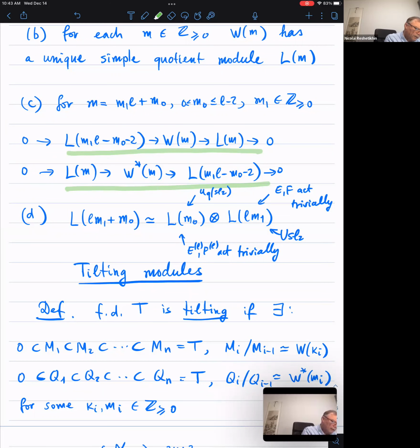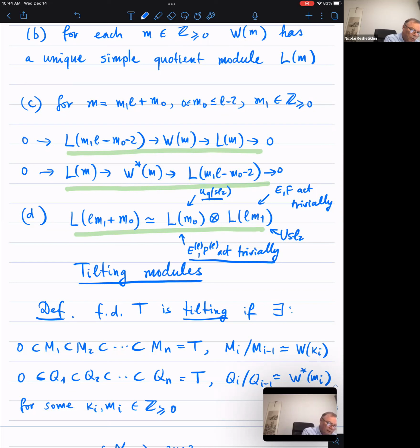And then the third statement is that this representation is isomorphic to the tensor product of vector spaces LM0, LM1. The first space is an irreducible module over the small quantum group, where the divided powers act trivially.